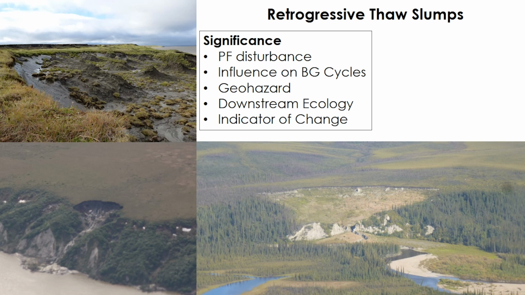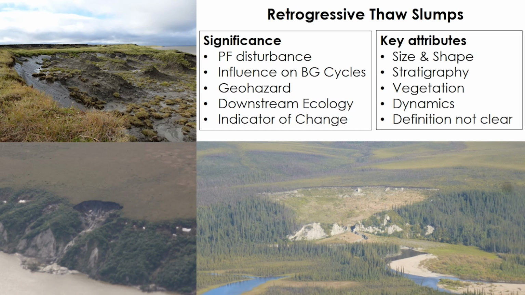They can force further disturbances in the surroundings. They are a potential geohazard. They are also important for downstream ecology and for subsistence, for example fishing and fisheries, but they're also an important indicator of the climate change that we see in the Arctic.